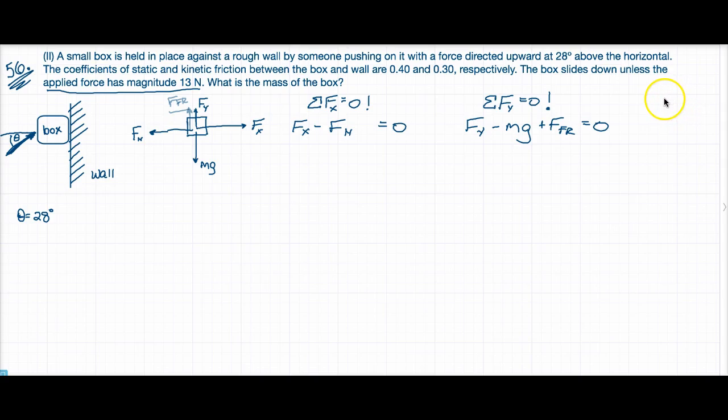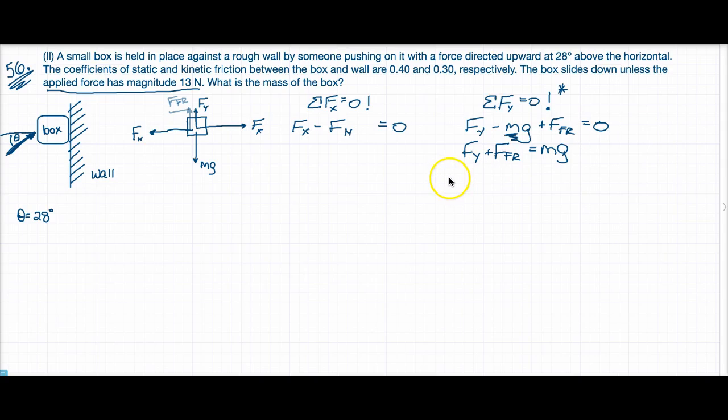And so the expression that I'm looking for is going to be over here in the y direction, because they want to know m, the mass of the box. So I'm going to add mg to both sides. And I get the y component of the applied force plus the frictional force is equal to mg. At this point, I can start making some substitutions.